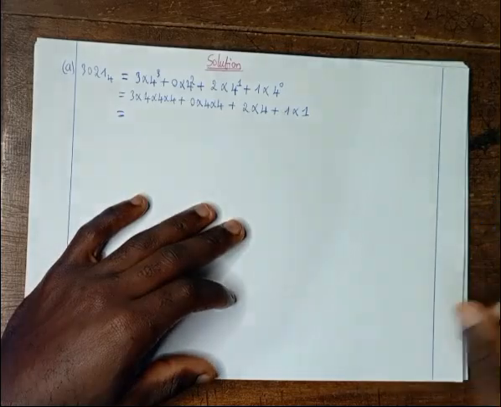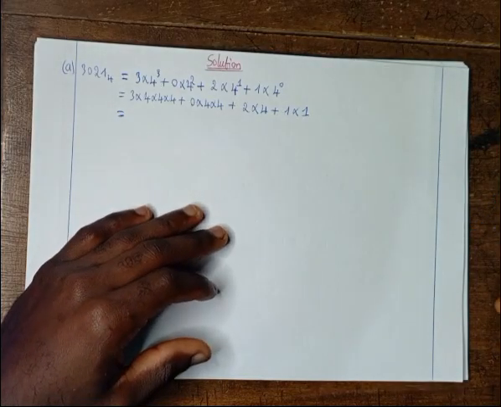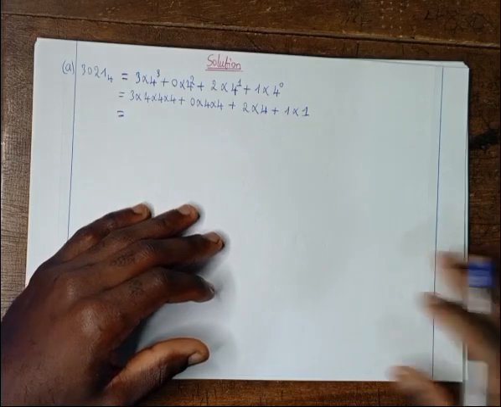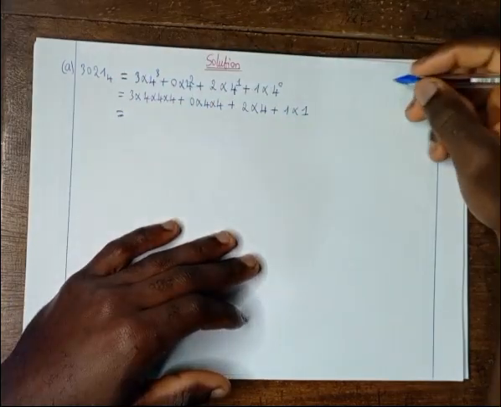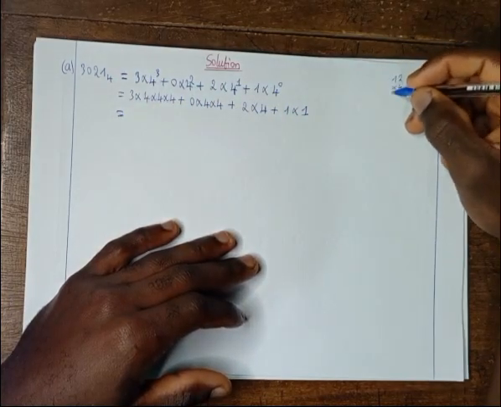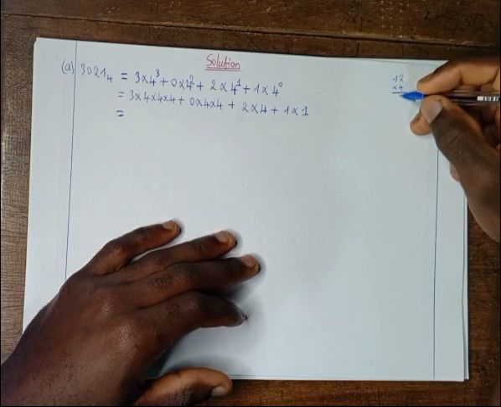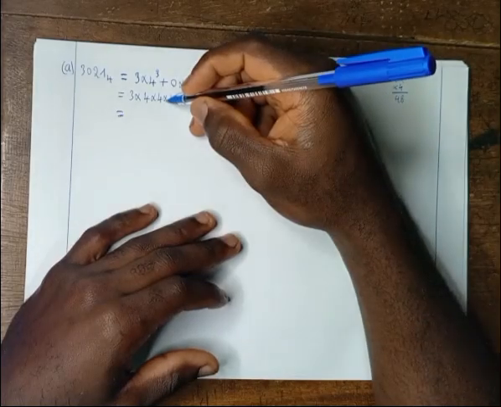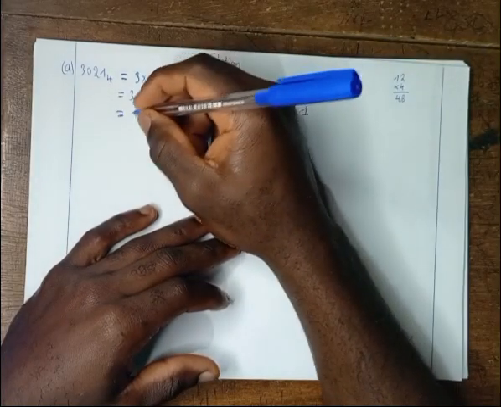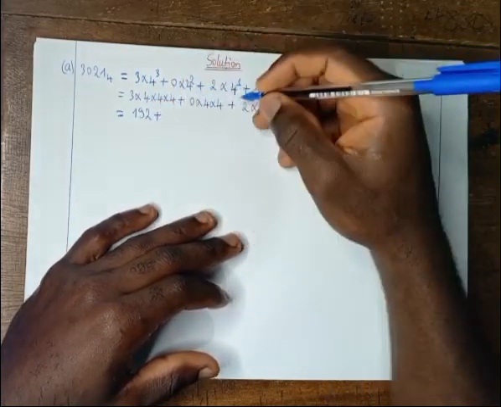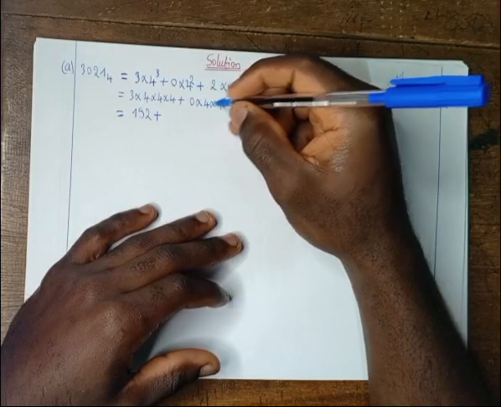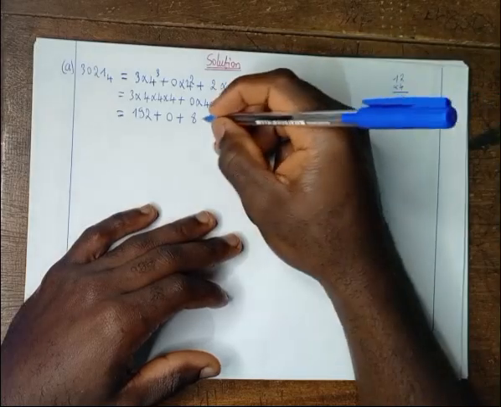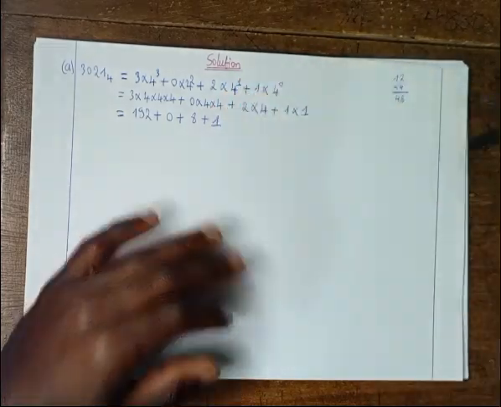This will give us 3 times 4 gives us the number 12. 12 times 4 gives us the number 48. 48 times 4 gives us the number 192, plus 0 times 4 remains 0, plus 2 times 4 gives us 8, plus 1 times 1 gives us 1.